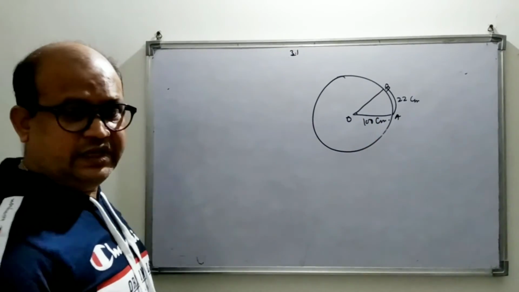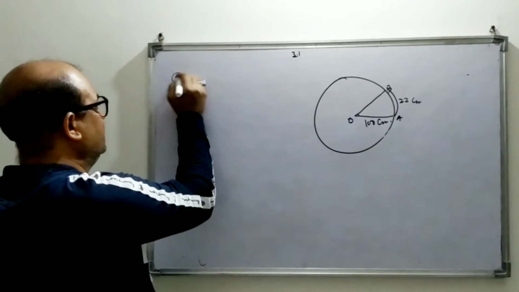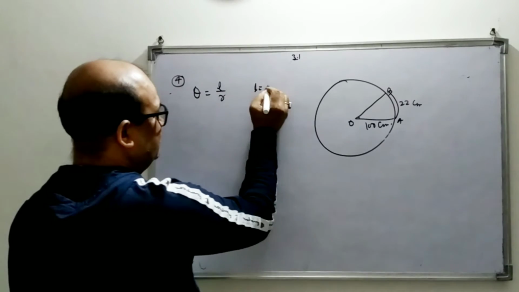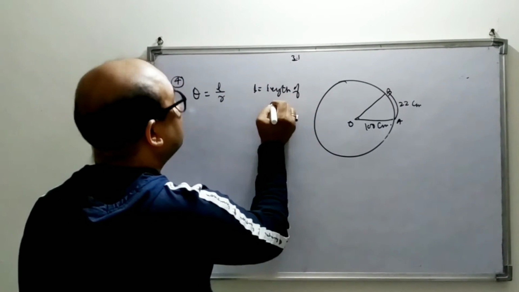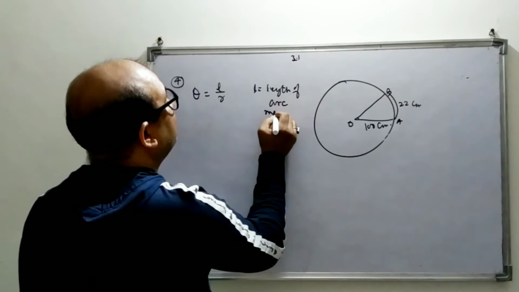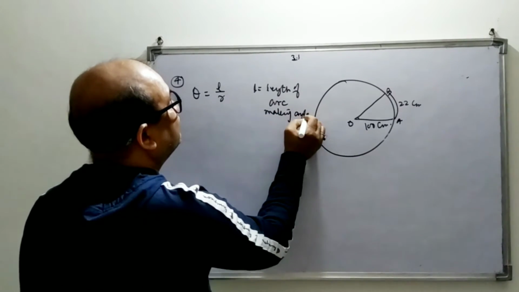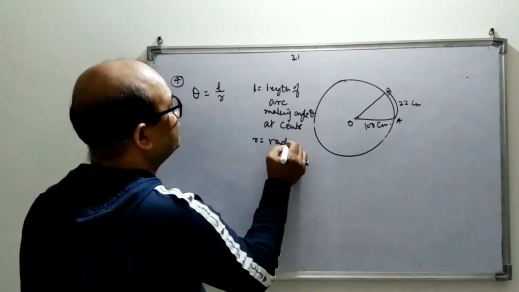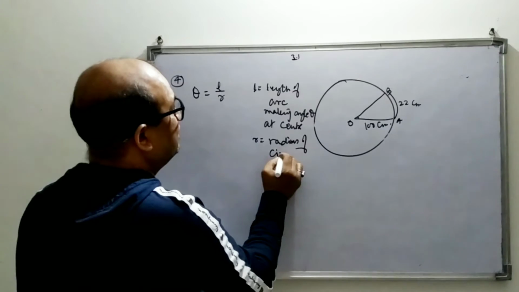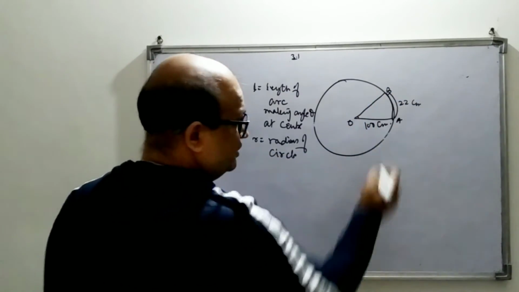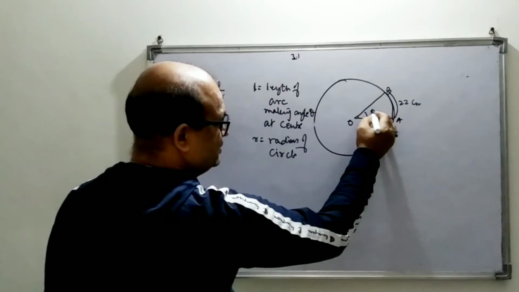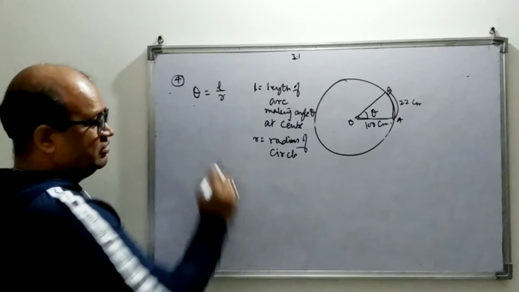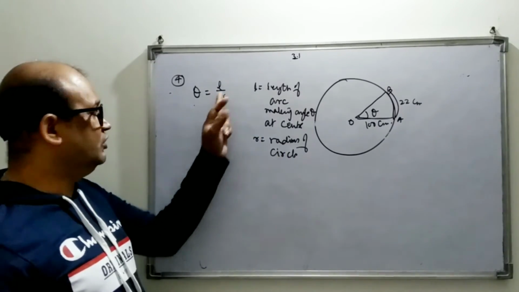Now, we know in radian measure, question number 4, theta equal to L upon R, where L is the length of arc making angle theta at the center, and R equal to radius of circle. So, if L is the length of arc which measures angle theta at the center of the circle, and R is the radius, then theta, which is radian measure, equal to L upon R.